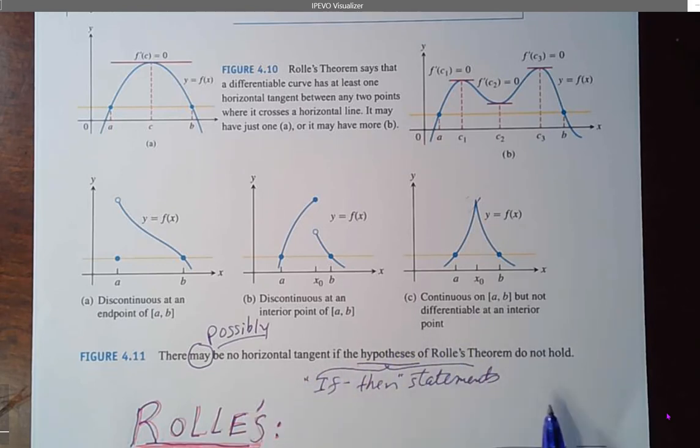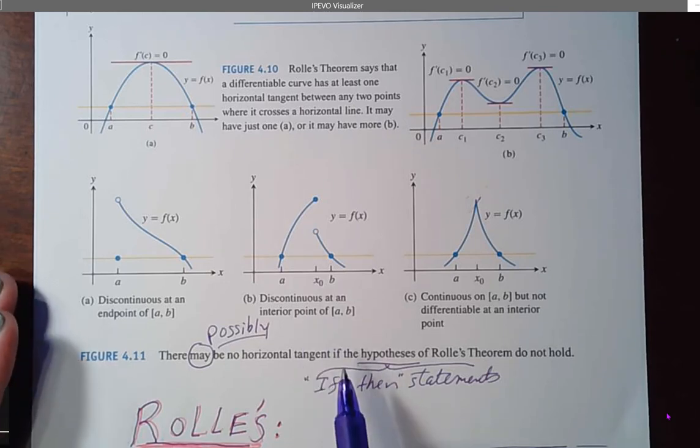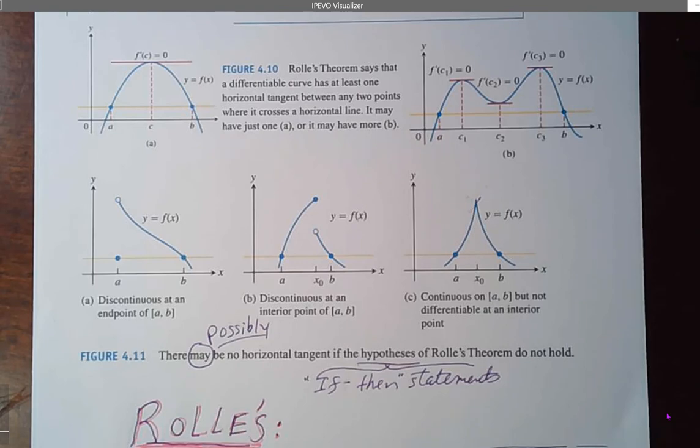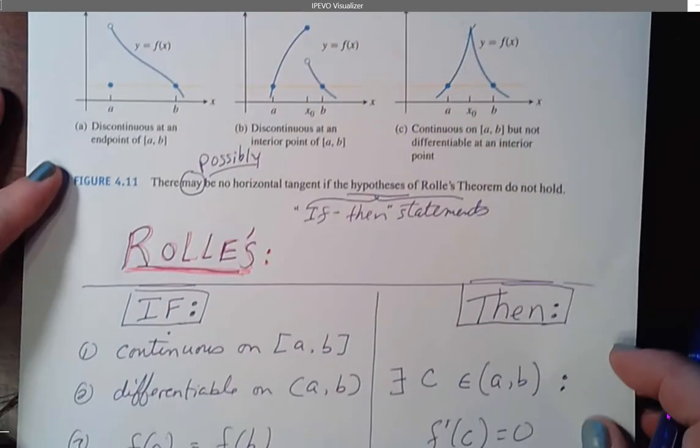But if it doesn't hold, then there may or may not. That's what it's telling us. Hypotheses, I made a note here, are basically if-then statements. If this, then that. If these conditions happen, then you get that.